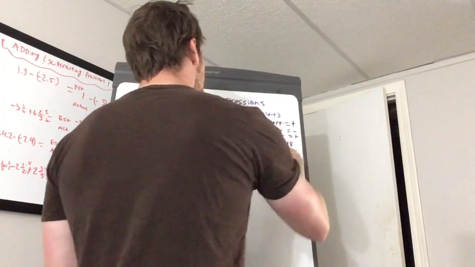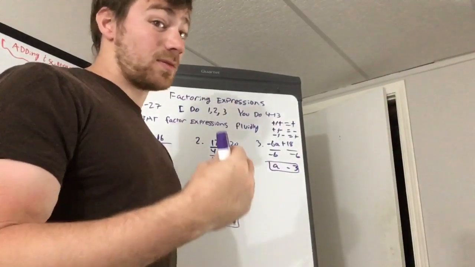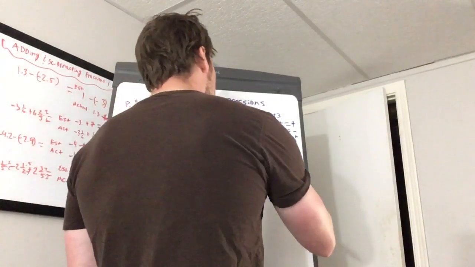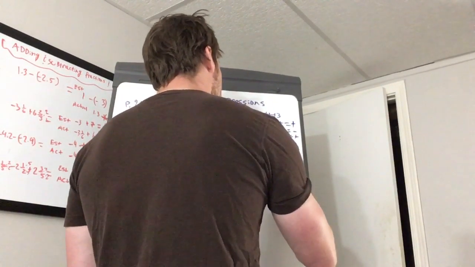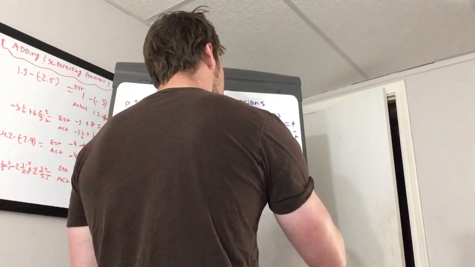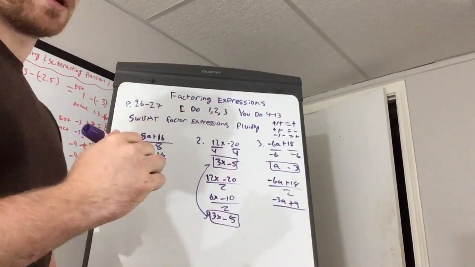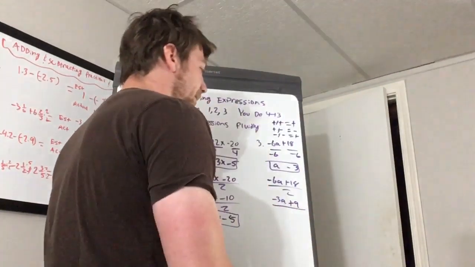So that's your answer. Now I'm going to show you how to do it by dividing by 2. Dividing by 2 is a little bit more complicated this time because we have negative numbers. So negative 6a plus 18 divided by 2, negative 3a plus 9. Divide by 2 again. Ooh, that doesn't work, does it? Because you can't divide by 2. Well, then you have to look at it. What else can you divide by?